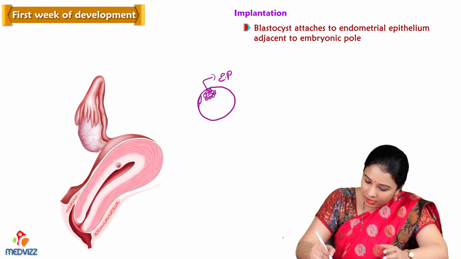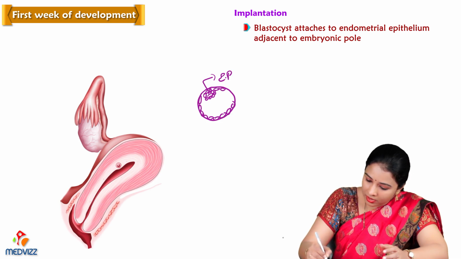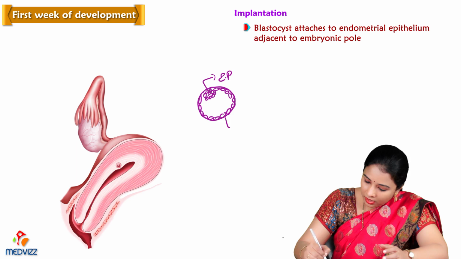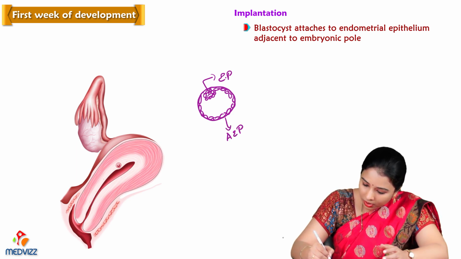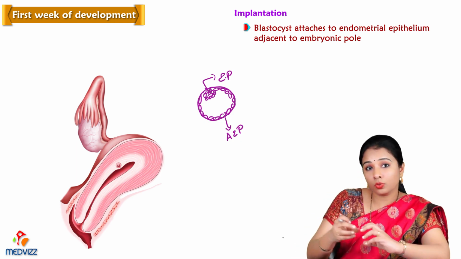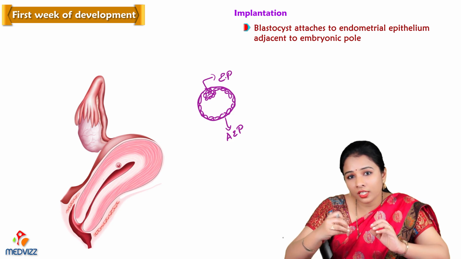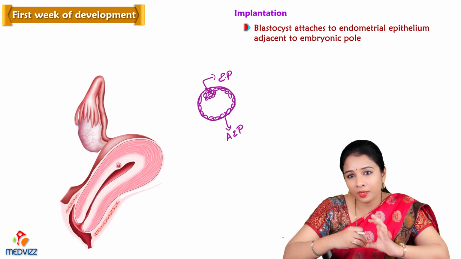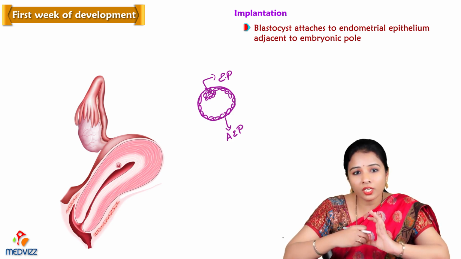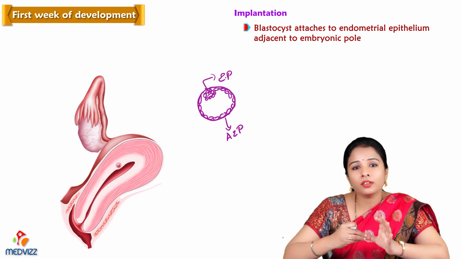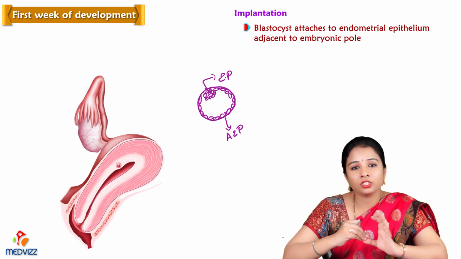And the peripheral cells are the trophoblast cells, the outer cell mass that will form the trophoblast. So this is the embryonic pole. Usually the implantation occurs through the embryonic pole. So the blastocyst attaches to the endometrial epithelium adjacent to the embryonic pole, which is the beginning of implantation.